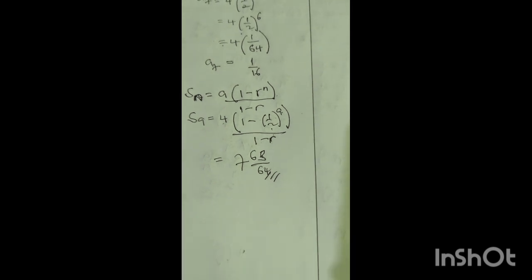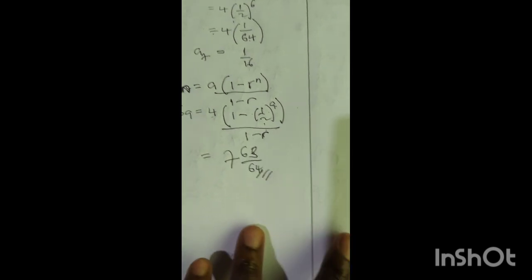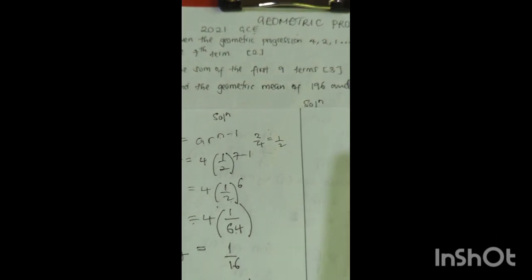That's the answer you should get. Remember, if you want to write your answer in decimal numbers in paper 2, the standard is 1 decimal place.